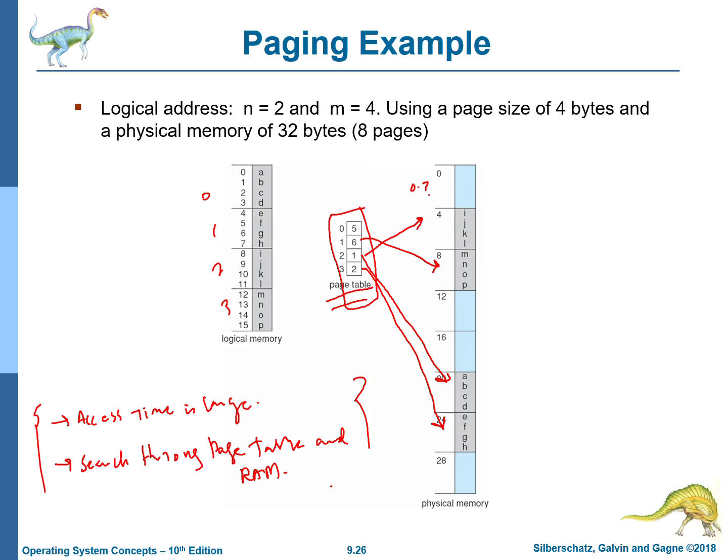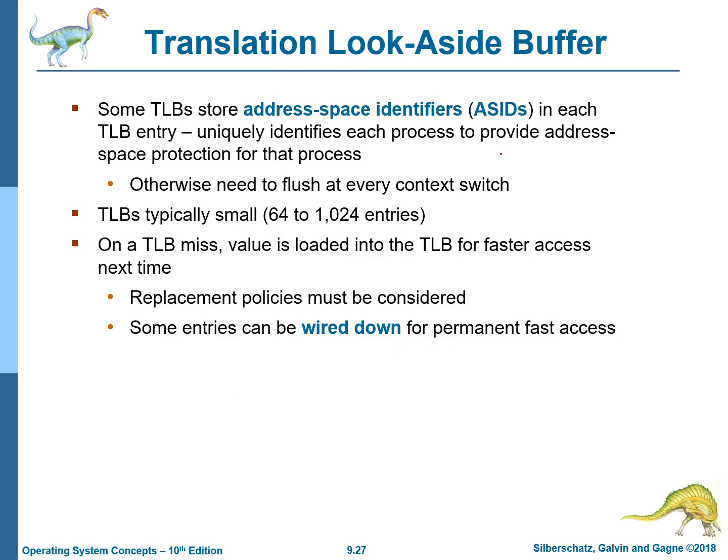To overcome these disadvantages, we have the translation lookaside buffer. This translation lookaside buffer is another table which is available very near to the CPU. It is also called associative memory, and it is capable of multiple access.